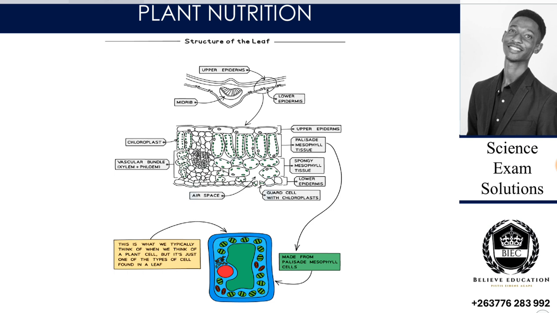So the structure of the leaf. So if we are to take this part, which is the cross section of a leaf, we would obtain something like this, which is this rectangular shape.